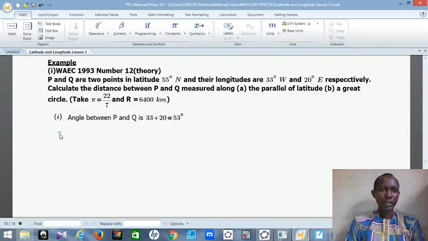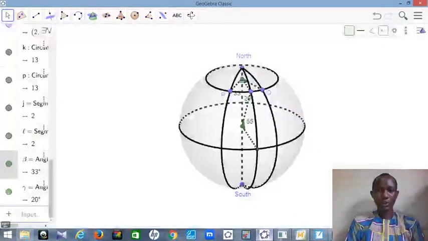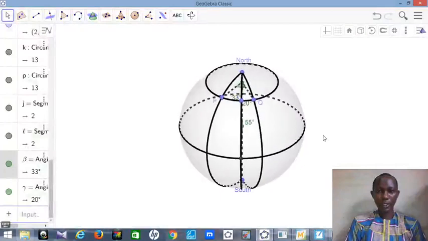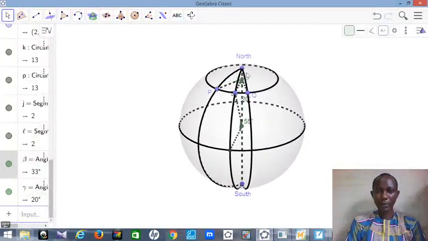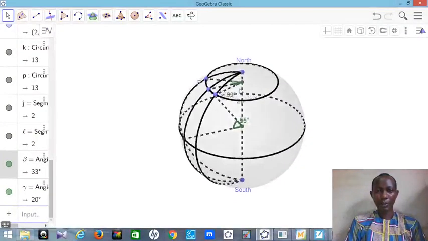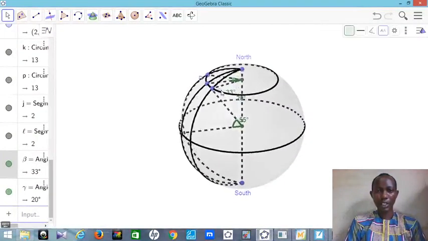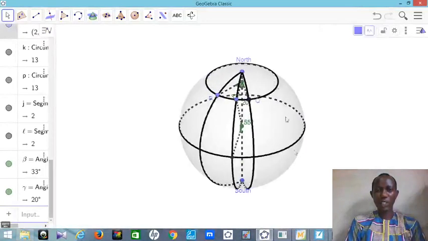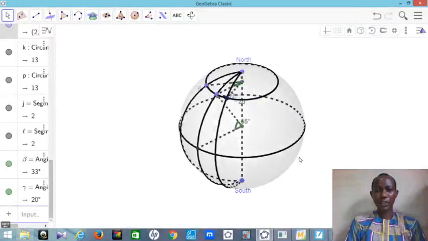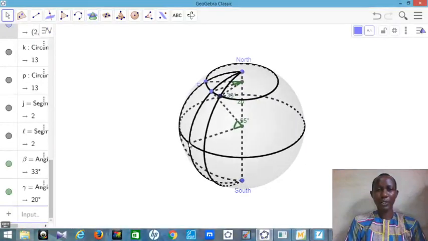Now we need to get the radius of this place. Let me show you. You can see that this is a small circle. We need to get the radius. That radius from P to the center here, or radius from Q to the center. You can see that it's smaller than the bigger radius from the center to the equator. These are great circle or longitude.